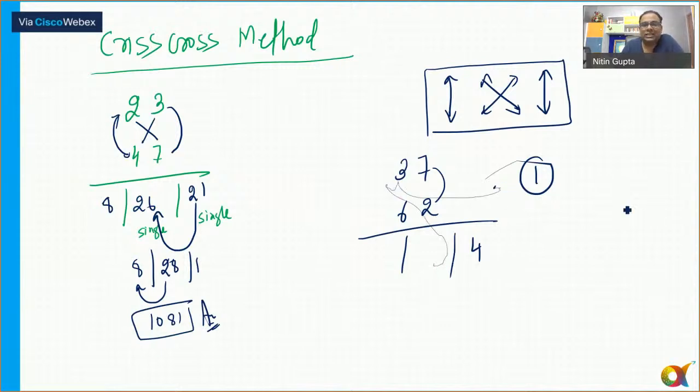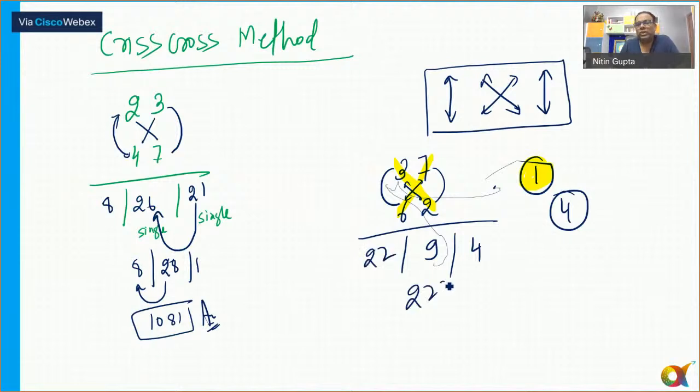Then cross: 3 into 2, 6, and 7 into 6, 42. So 6 plus 42 is 48, and the carryover of 1, 49. So write down 9 in the middle and now the carryover is 4. Now multiply these two. 3 into 6 is 18, and 18 plus 4 is 22. So my answer is 2294.